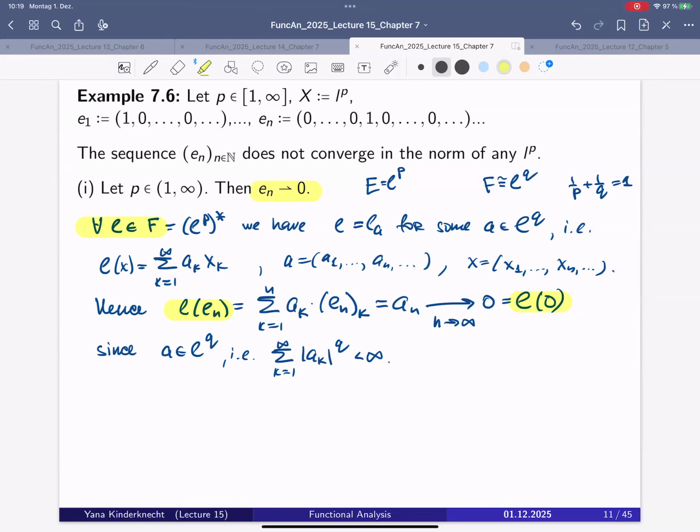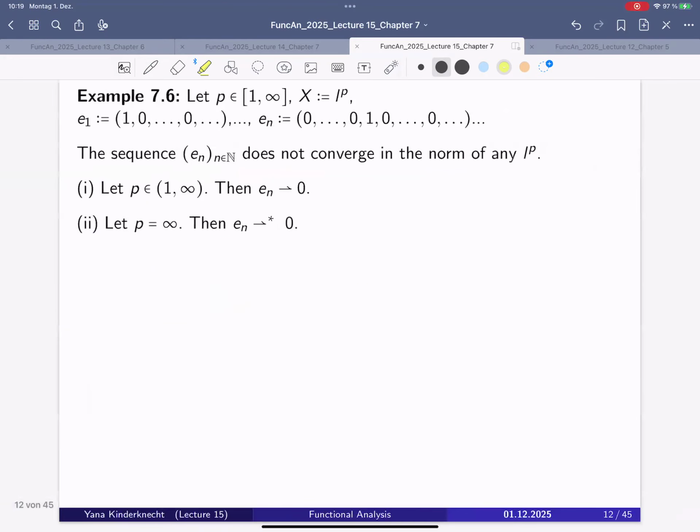Okay, let us consider the next case. Case P equal to infinity. In this case, the statement is that this sequence converges weakly star to 0. So weakly star, what does it mean? What is my E in this story?